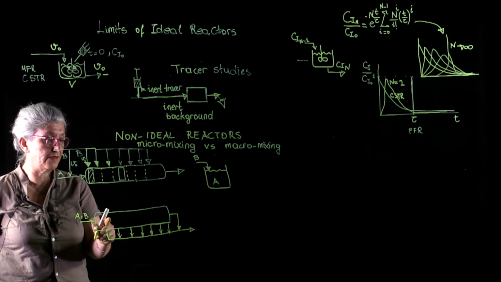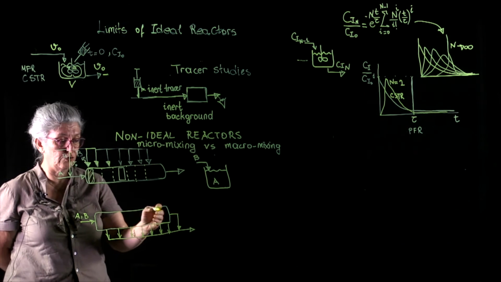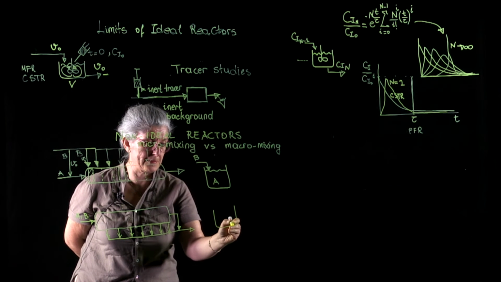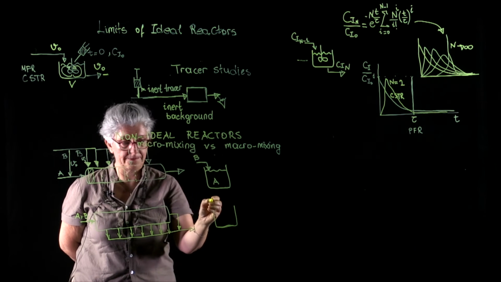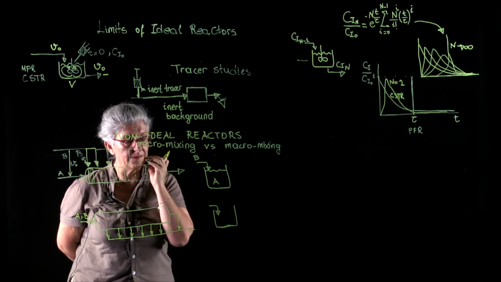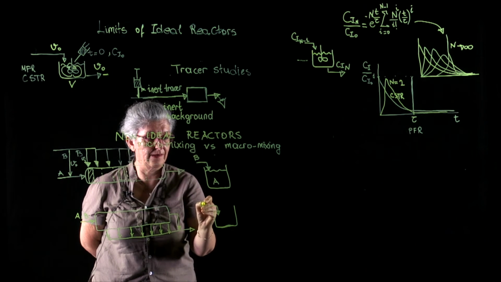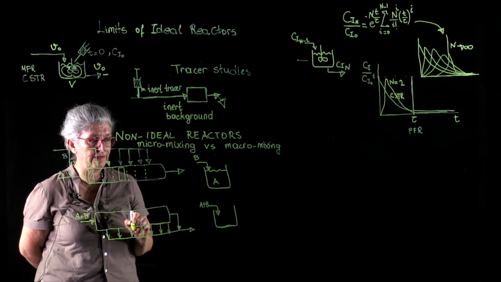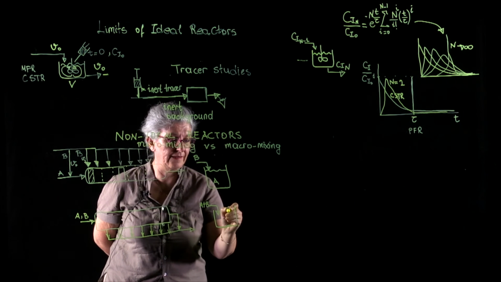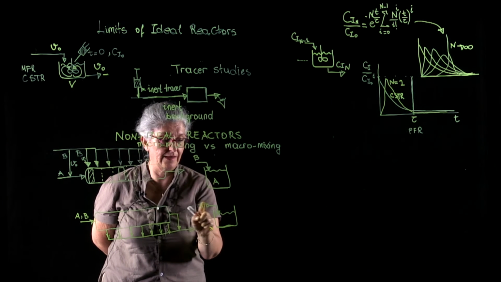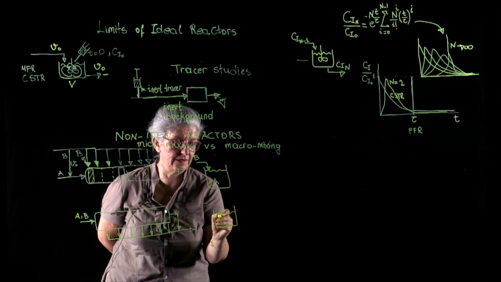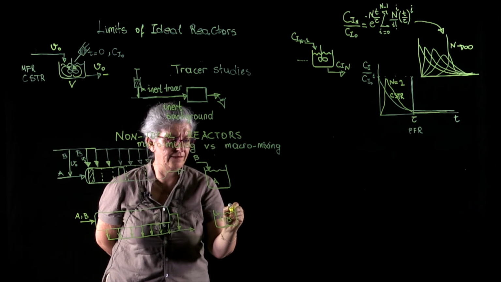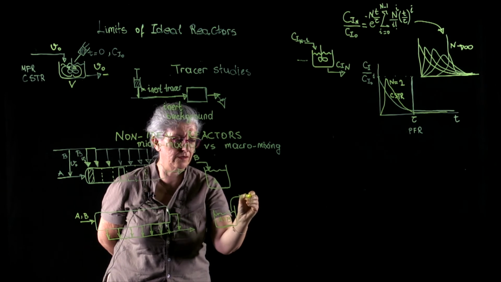All right. This operation is equivalent to a semi-batch operation where A's and B's are fed initially and we very gradually remove the product.